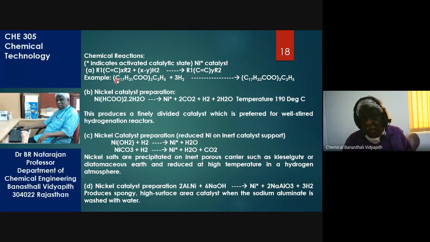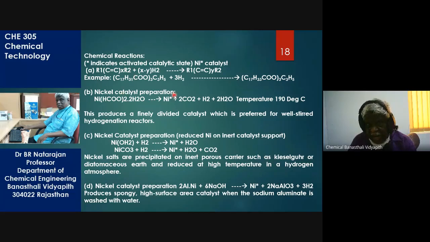Then for doing this, we use a nickel catalyst. Not any nickel, only nickel which is in activated state. That is known as Ni star. Ni star means nickel in an activated state. That's why it is known as activated nickel.